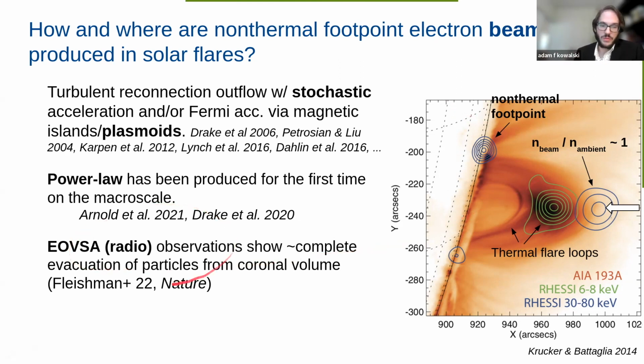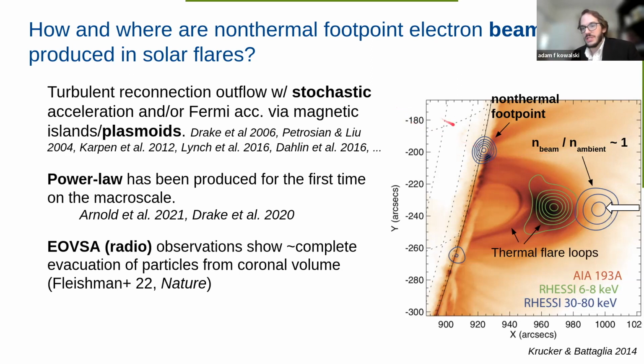Recent observations from radio have also been consistent with this idea. So the beams are produced presumably in the corona somehow, and they spiral through the magnetic fields and slam into the lower atmosphere, losing their energy via Coulomb collisions, heating the chromosphere, causing an explosion in the foot points.